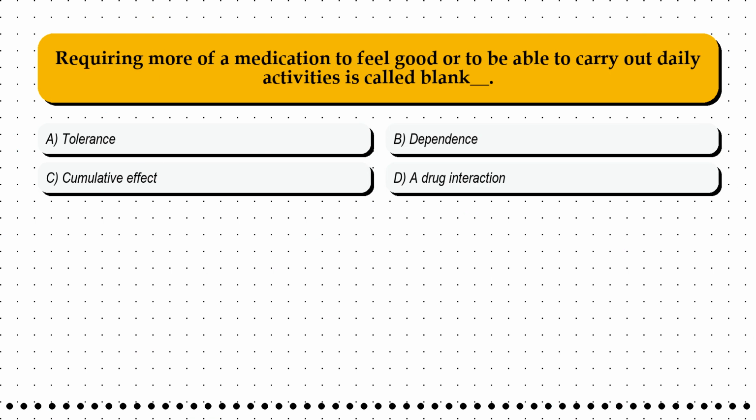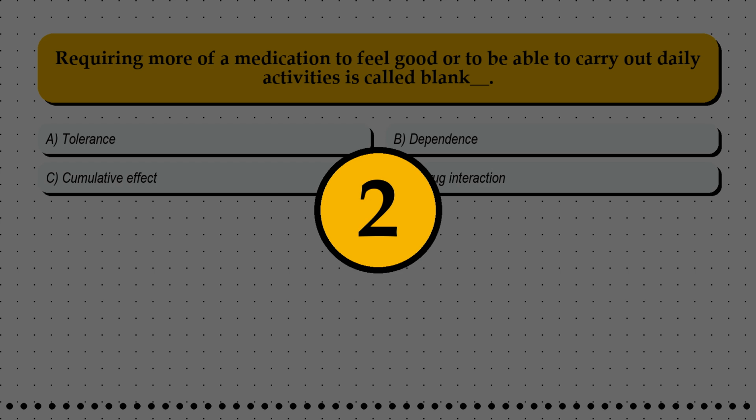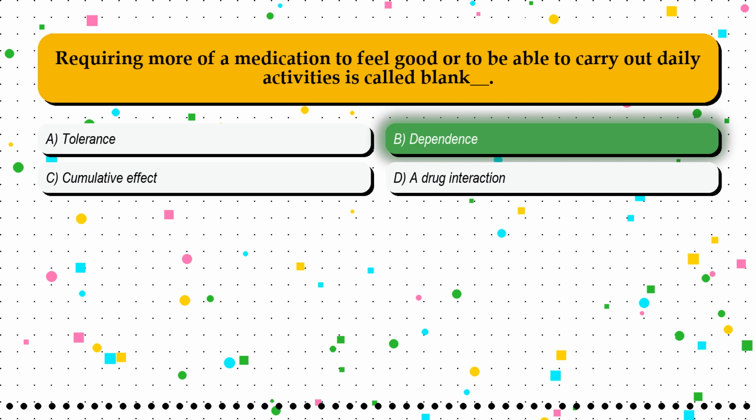Requiring more of a medication to feel good or to be able to carry out daily activities is called blank blank. Option A, tolerance. Option B, dependence. Option C, cumulative effect. Option D, a drug interaction. The correct answer is option B, dependence.